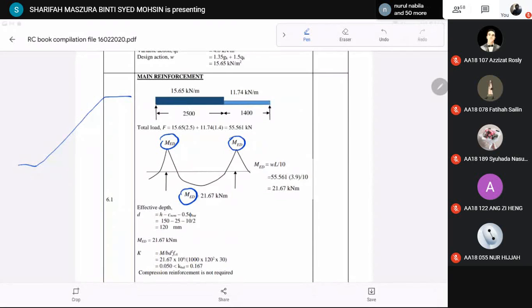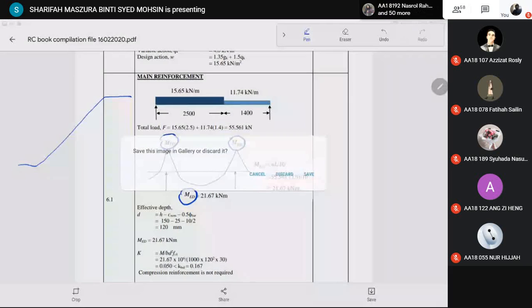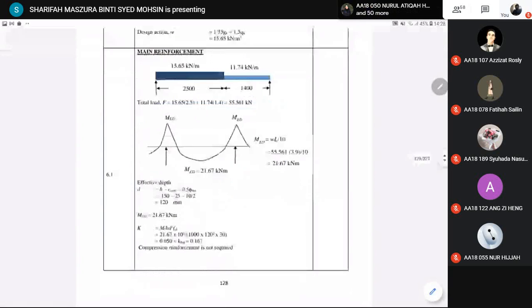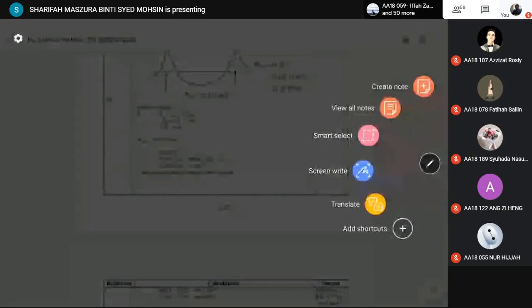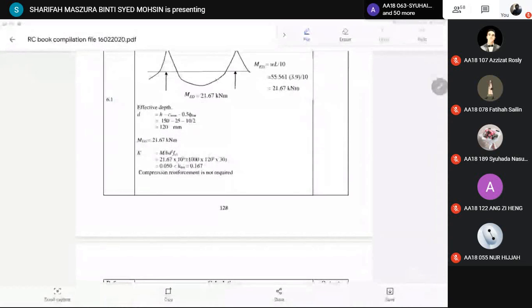Okay, so now that we have our moment, we can design our main reinforcement. Similarly to flat slab design, d is determined by using h minus c nominal minus diameter of bar divided by 2. So we get 120 mm.